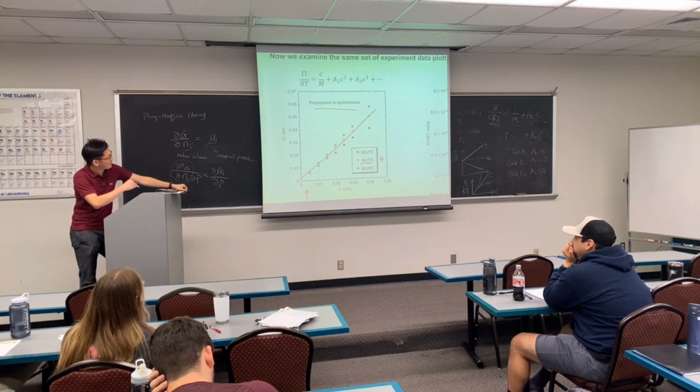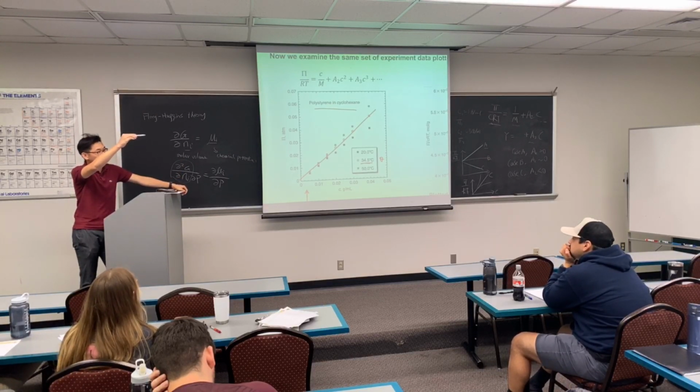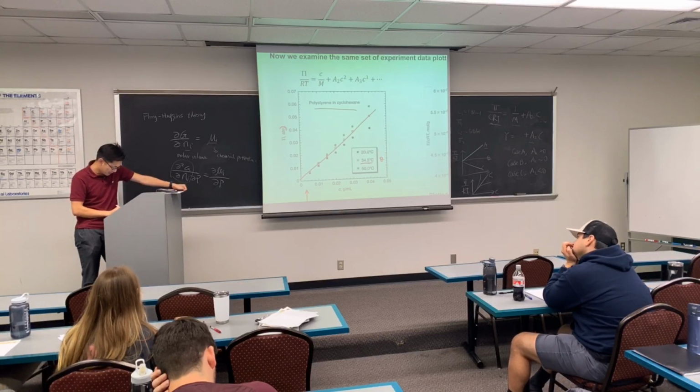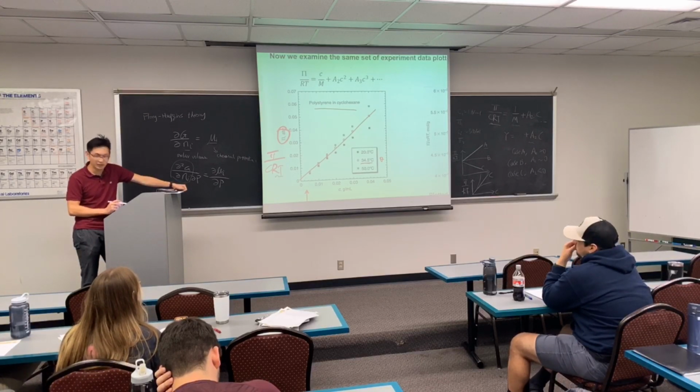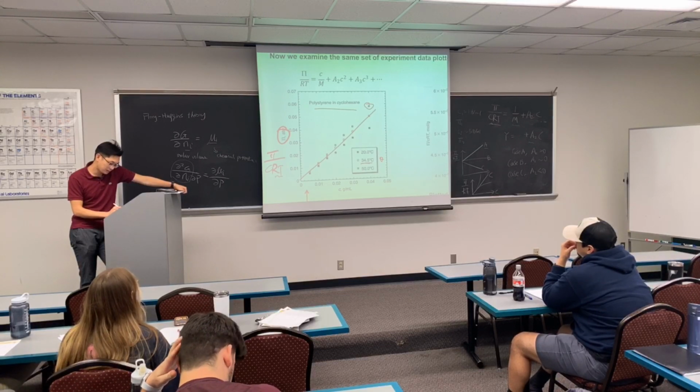You have a linear increase in terms of concentration versus osmotic pressure. And remember, this is not plotted as pi over CRT. This is just the osmotic pressure. Of course, RT is constant. Okay, that's the difference. So if it's above there, what solvent does that mean?